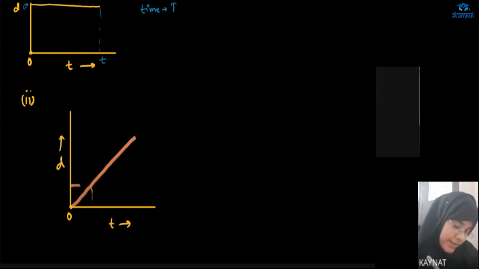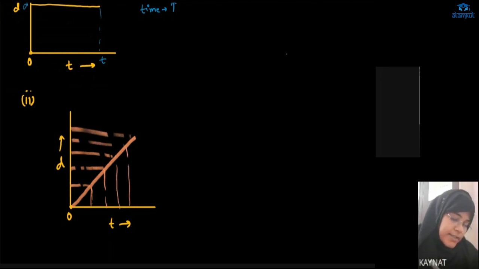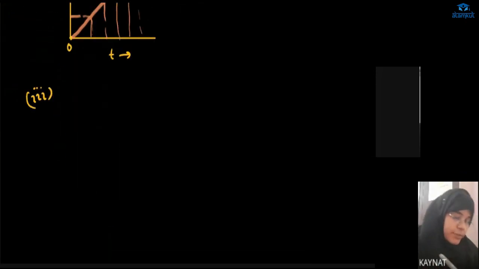So the increase in distance is in accordance with the increase in time. That is why a straight line distance time graph always represents uniform motion. Now the third one, obviously, would be non-uniform.